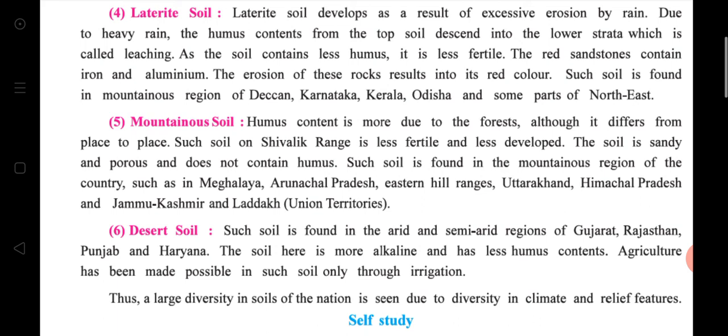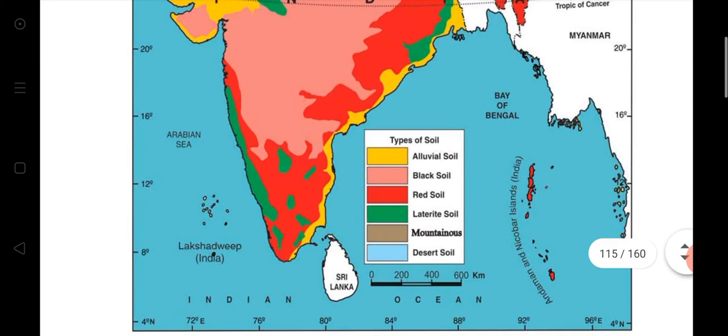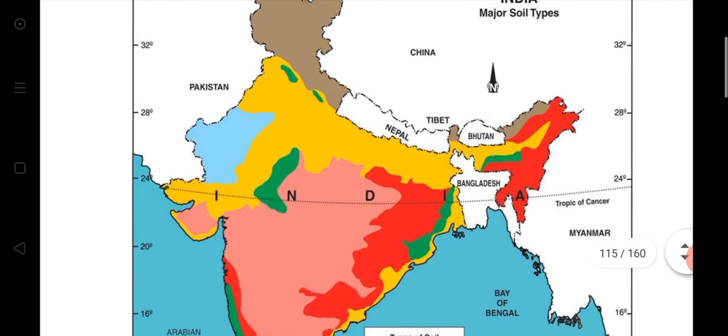The red sandstone contains iron and aluminum. So the erosion of these rocks results in its red color. Such soil is found in the mountainous region of Karnataka, Kerala, Odisha, and also some part of the northeast. We can see laterite soil in the map in green color.